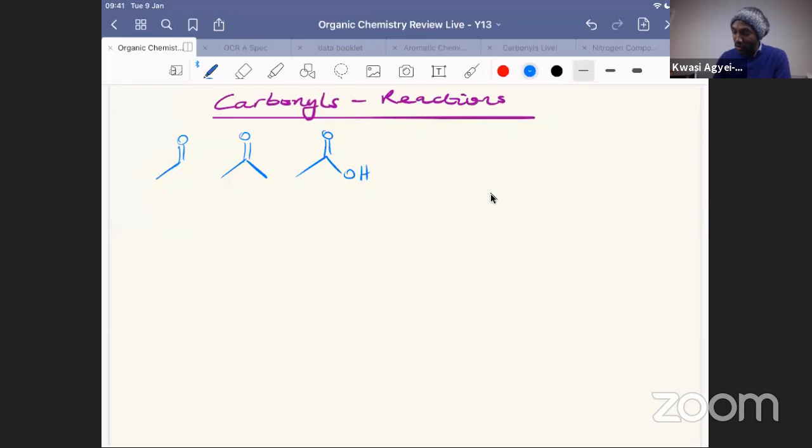And you could have an ester, which is the result of the carboxylic acid reacting with an alcohol, in this case ethyl ethanoate shown there. You can also have a carbonyl group in an acyl chloride, in this case ethanoyl chloride. These are all examples of compounds containing the carbonyl group, so C double bond O is shown there.